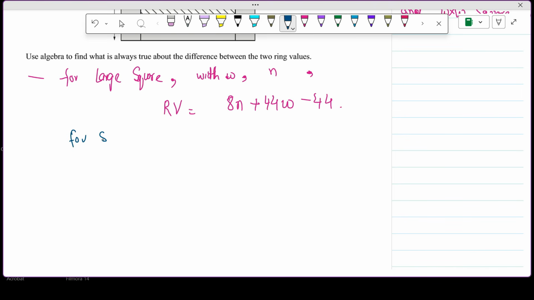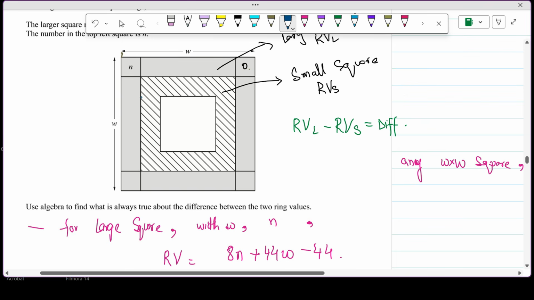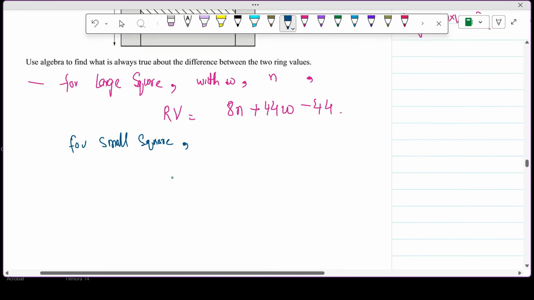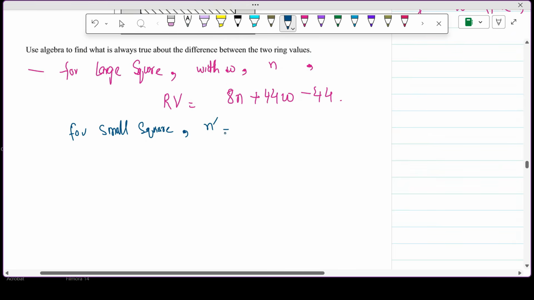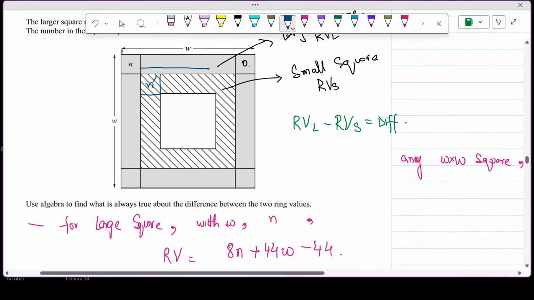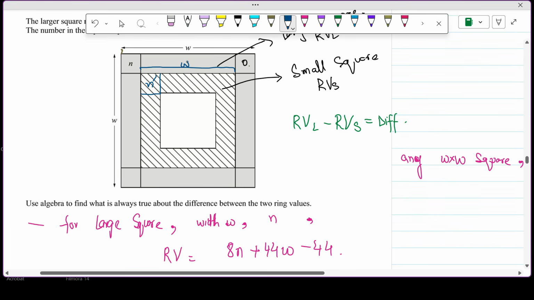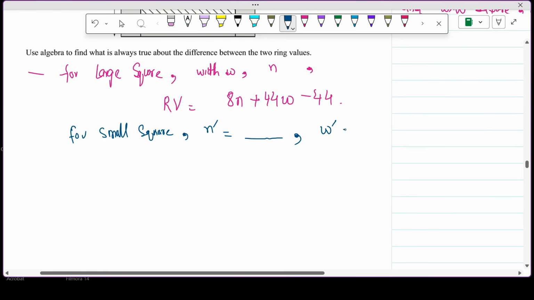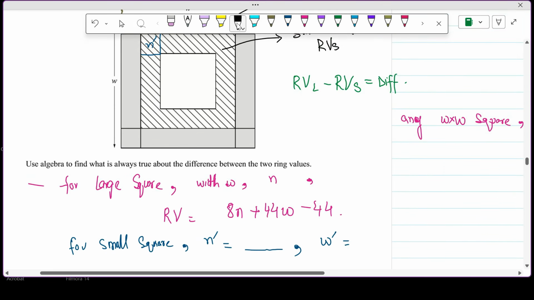Now we need to find the ring value for the small square. For the small square, in this case, this value is N dash. So this one is N dash. Okay, we don't know the width. Similarly, this one is the width for the small square, so this one is W dash. Now, how can we find it?